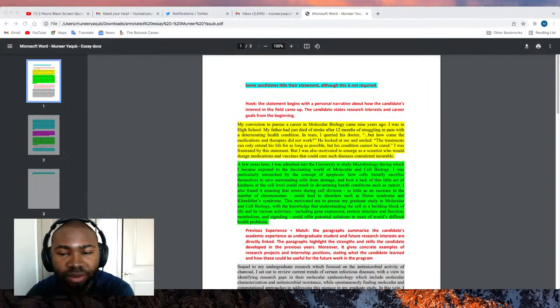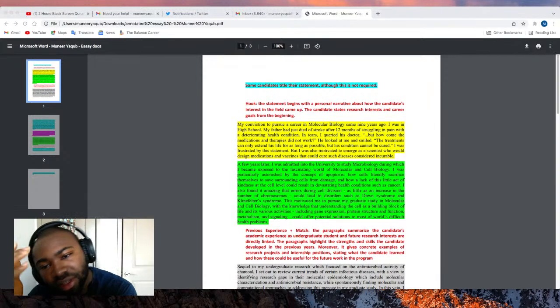Let me read my own first paragraph to you. This is how I started my statement of purpose. "My conviction to pursue a career in molecular biology came 9 years ago. I was in high school. My father had just died of stroke after 12 months of struggling in pain with a deteriorating health condition.